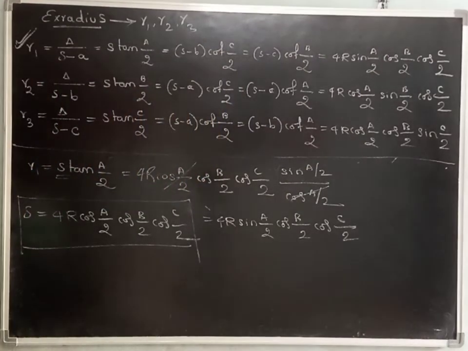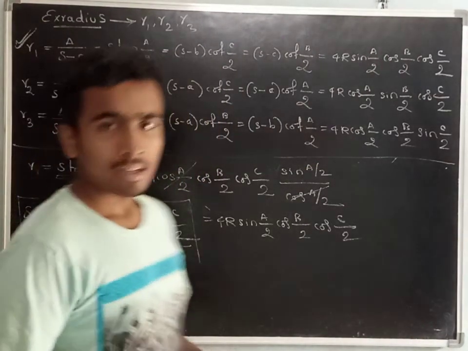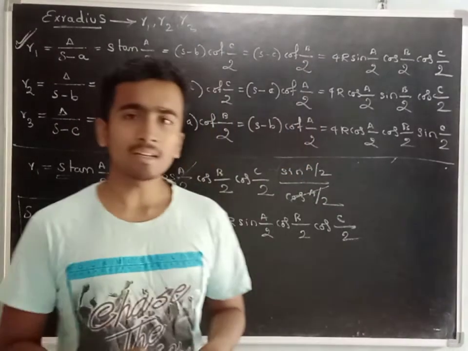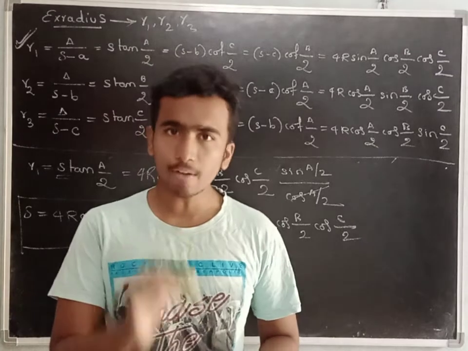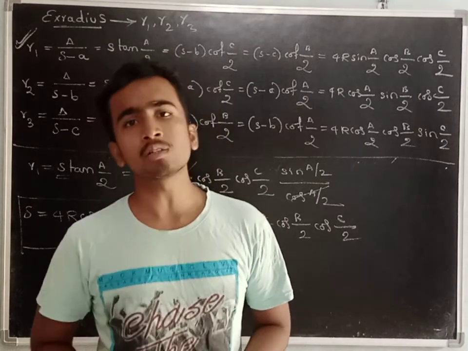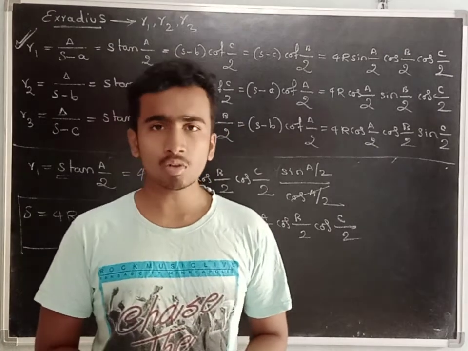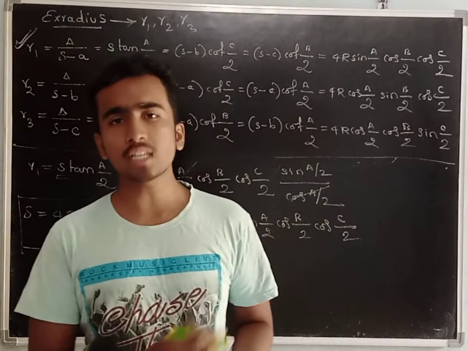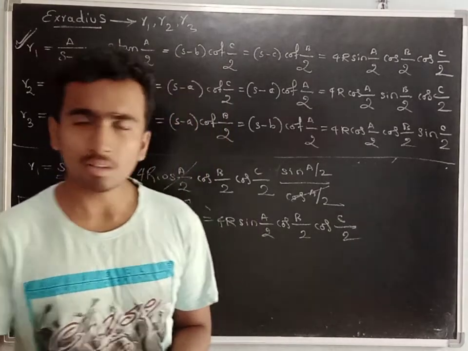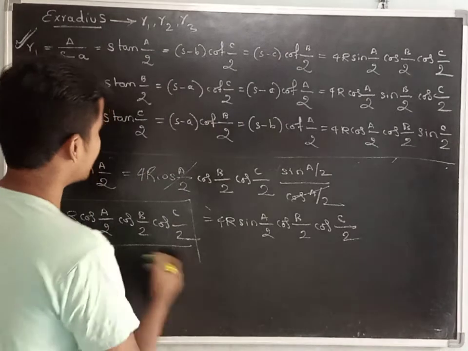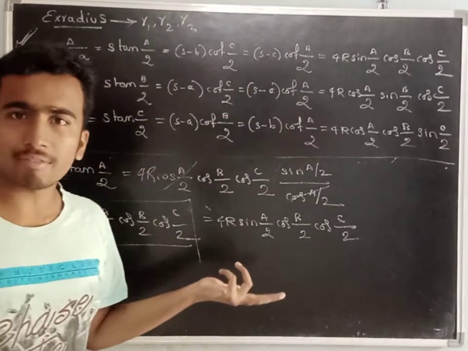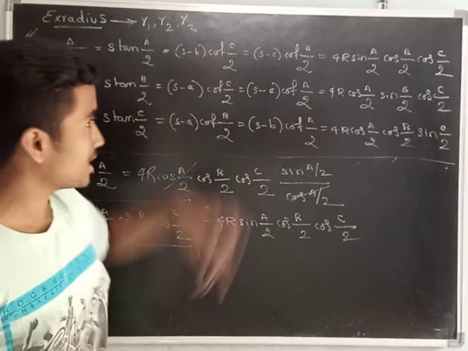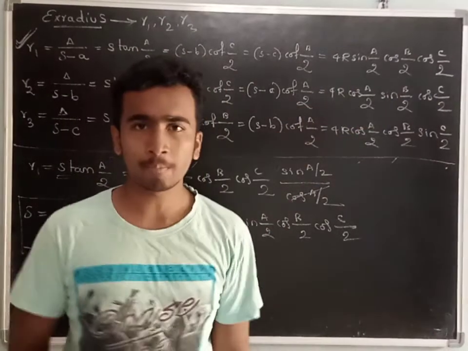See, here we need to understand. I am repeatedly saying the same thing, that each and every concept and each and every formula is interlinked to each other. You need to have grip over each and every concept. These are the results that we have already derived, right? Using these results, I was able to derive this formula.